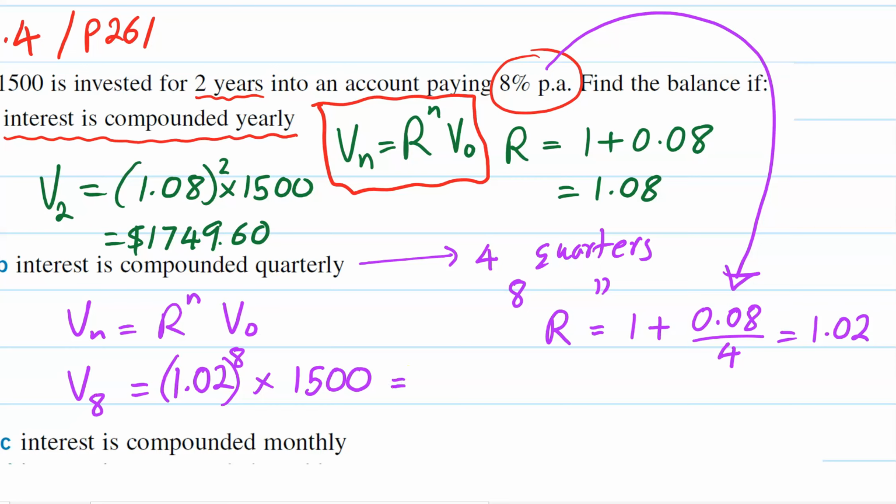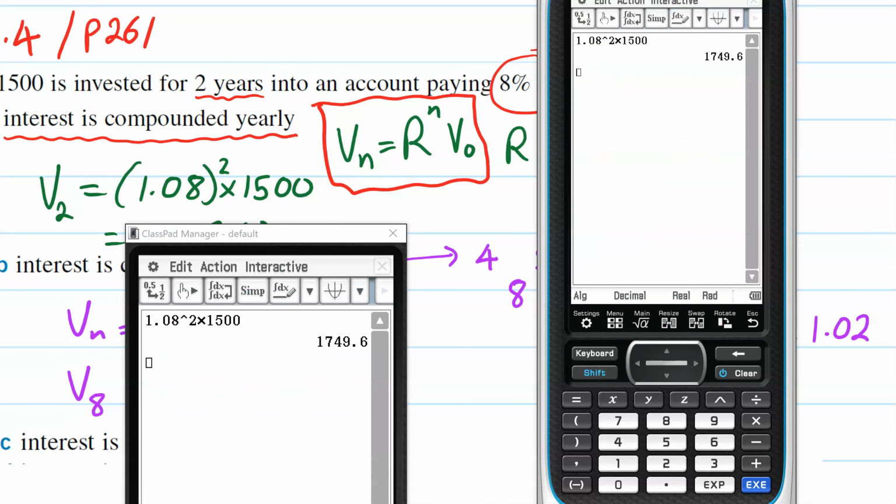Let's look at the answer using our CAS. 1.02 to the power 8 times 1,500. What would you expect? Do you think it will be bigger than 1749 or smaller? I guess it will be bigger. Let's have a look. Oh yes, marginally though.